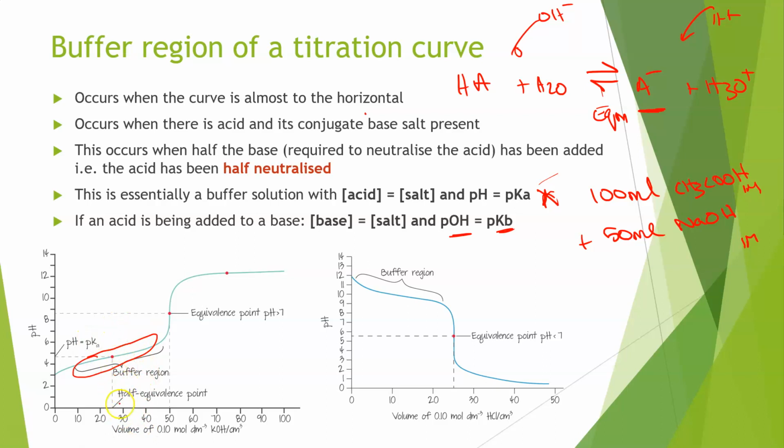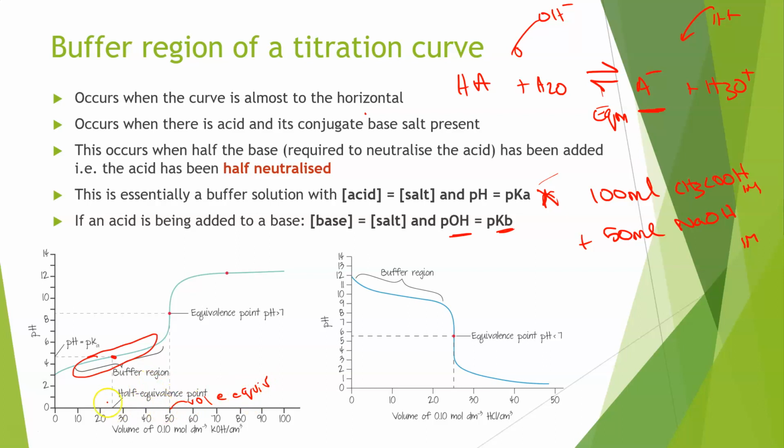And at half the equivalence point, we find the pKa and the pH are equal. So in a buffer region, the pH will be equal to the pKa at half the equivalence point. So in this case, 50 mL of KOH was added into the solution. So this is the volume required at the equivalence point.